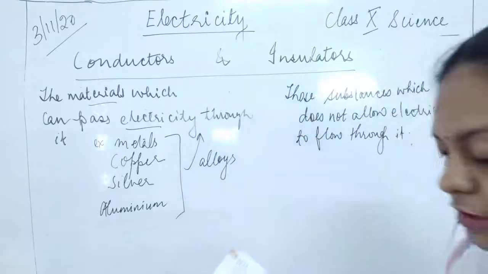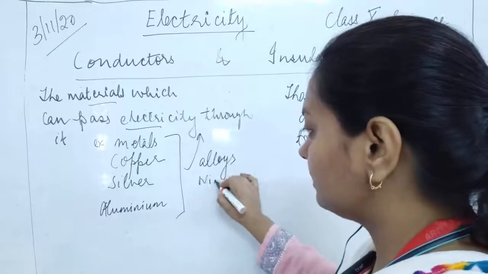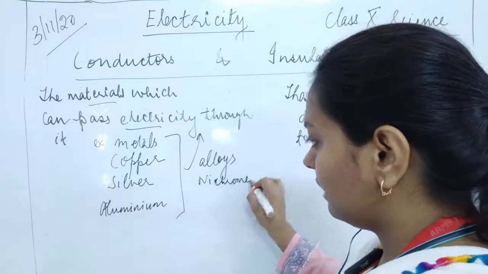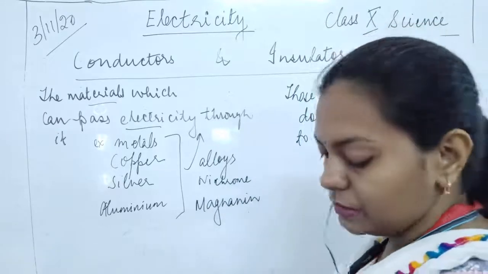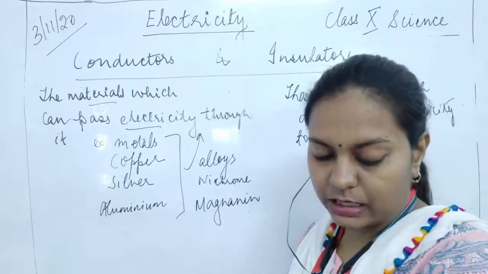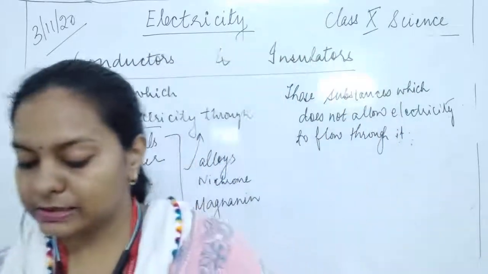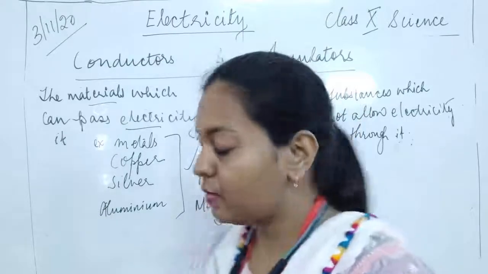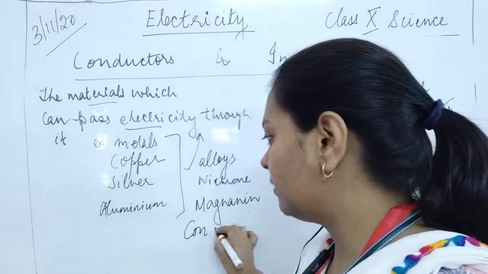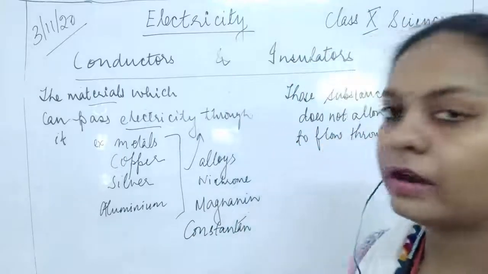So such as nichrome and manganin. Okay, so there are nichrome alloys and manganin. These are examples of alloys which help in the passage of electricity, or constantan. Sometimes it is another word, that is constantan. This is another alloy.